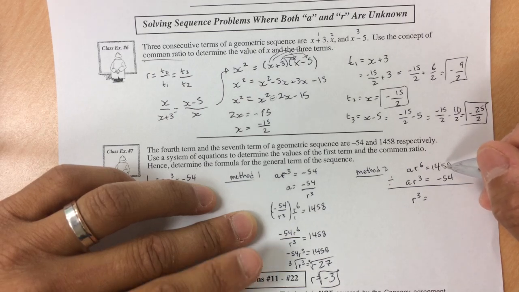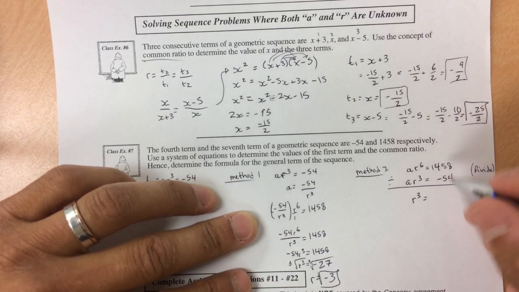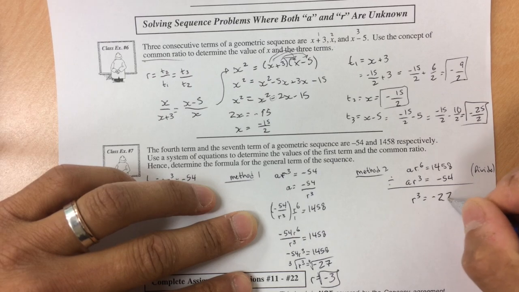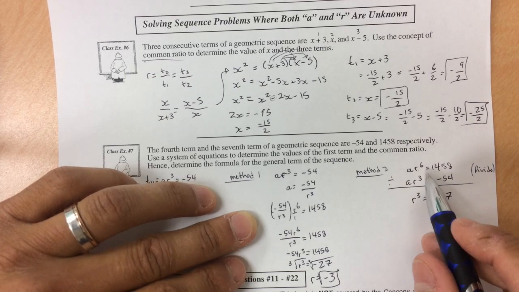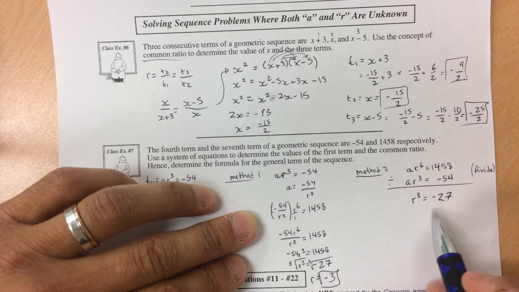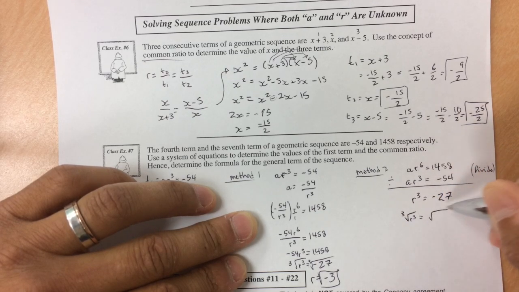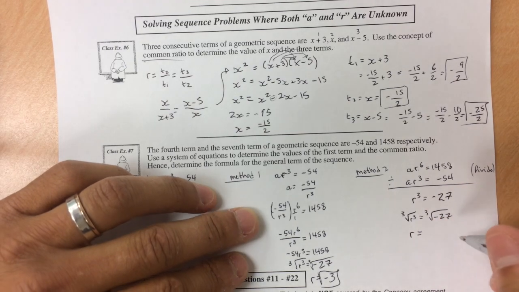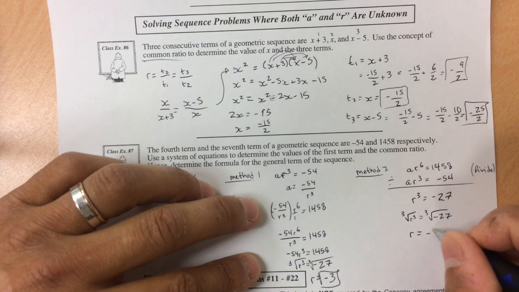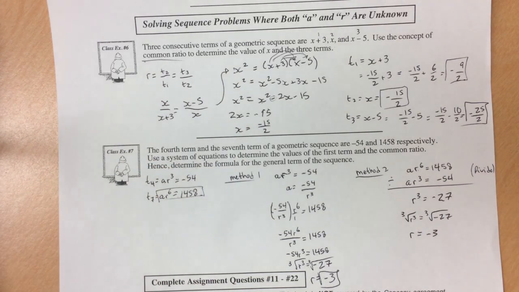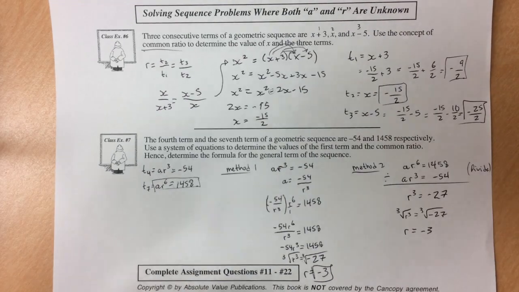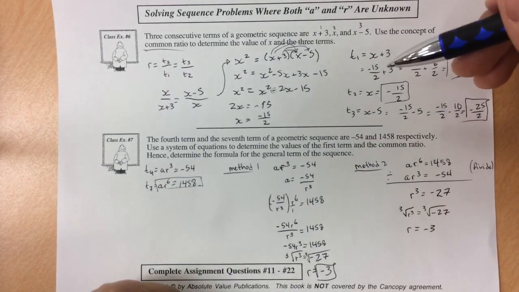And 1,458 divided by negative 54, I get negative 27. So when we set it up this way, we skip right to this step. Now what I need to do is take the cube root of both sides, which gives me my value of r. That gives me negative 3. So we have our common ratio, which is the same in both methods.